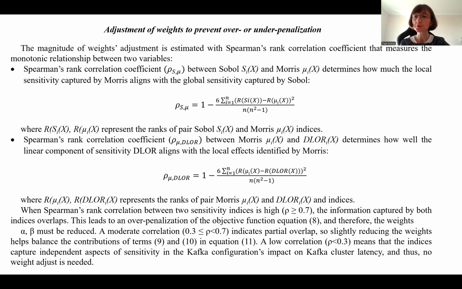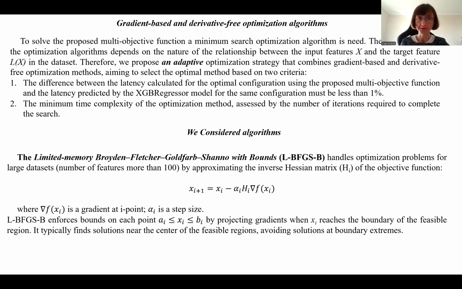When the Spearman correlation coefficient value is moderate, then the corresponding weights must be adjusted at the moderate level. And for a low correlation value, we do not put any adjustment on the weights used in our model.